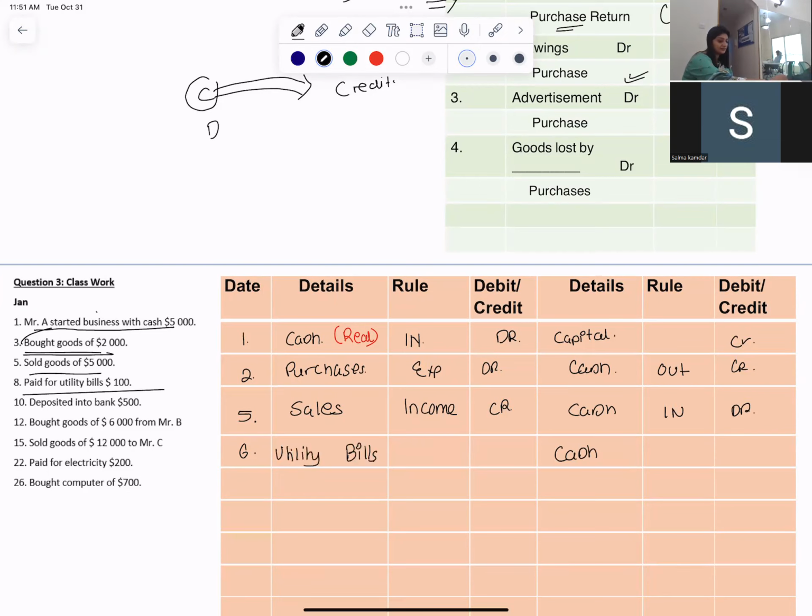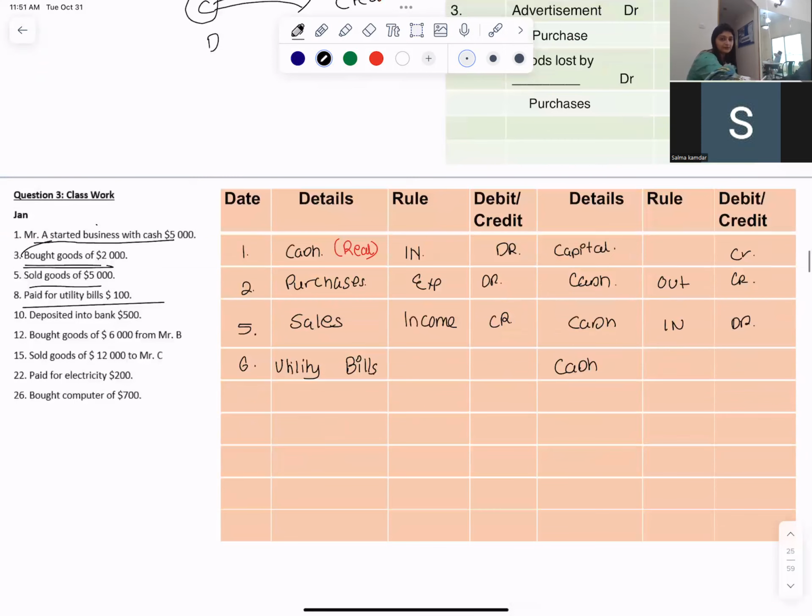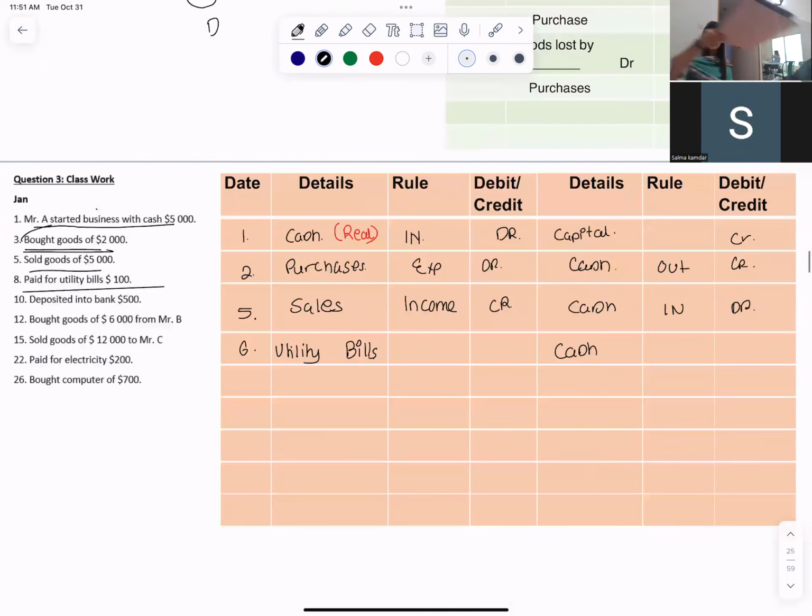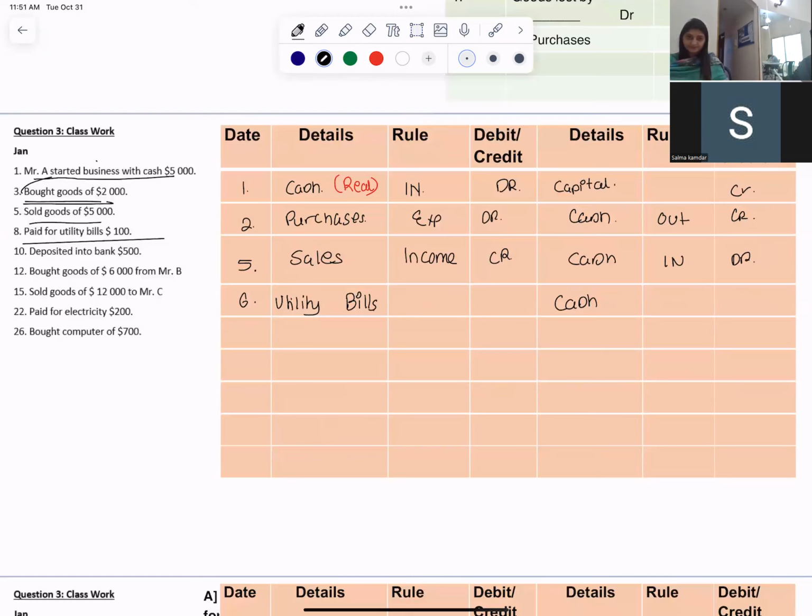Cash is going out. Utility bills is an expense.